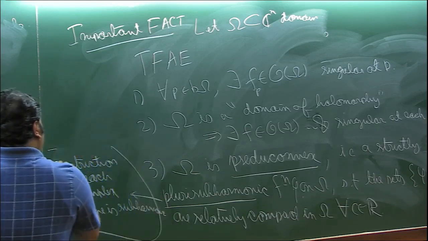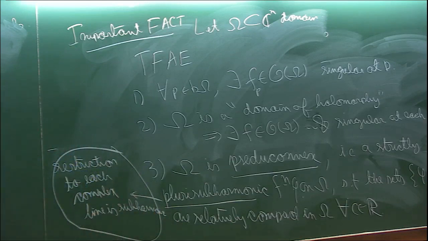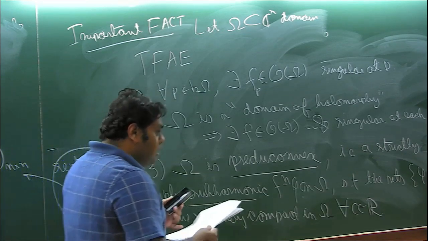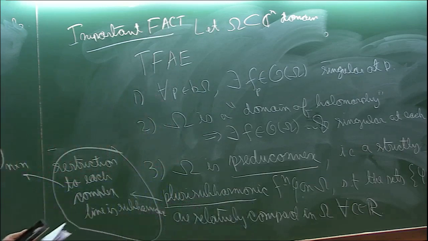Morally speaking, subharmonic means the Laplacian is positive, and morally speaking, plurisubharmonic means that the complex Hessian matrix, the matrix d square phi dzj dzk bar, which would be an n by n matrix, is positive semi-definite.